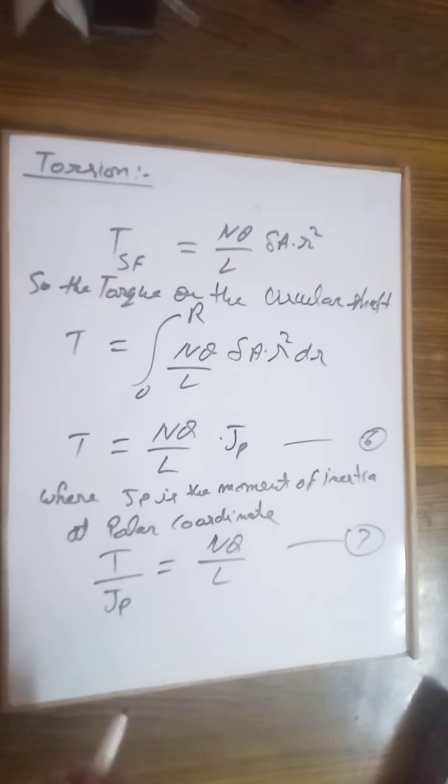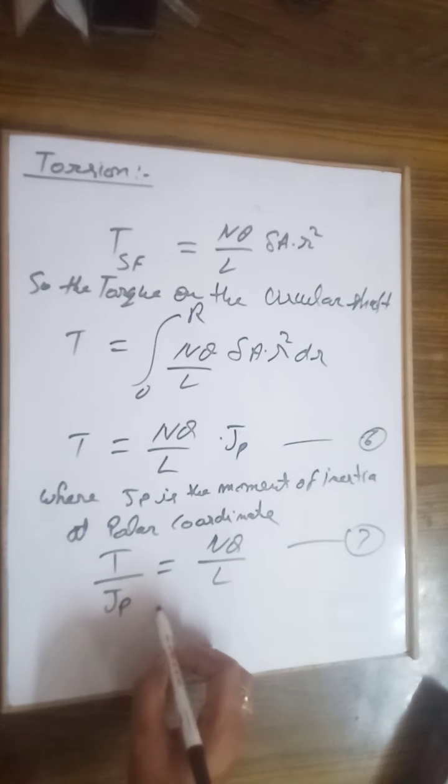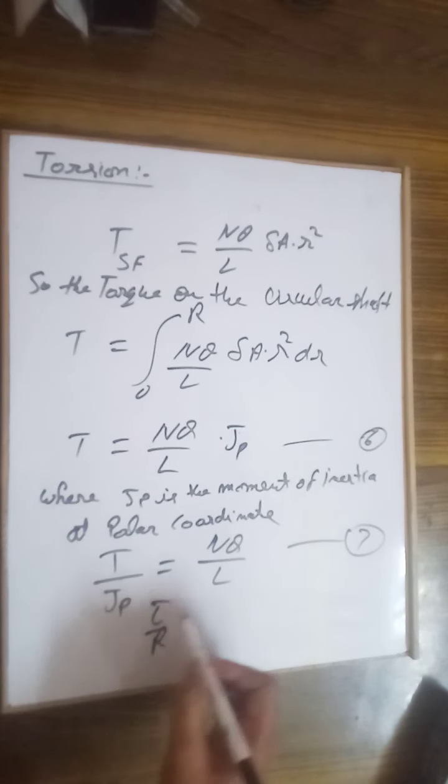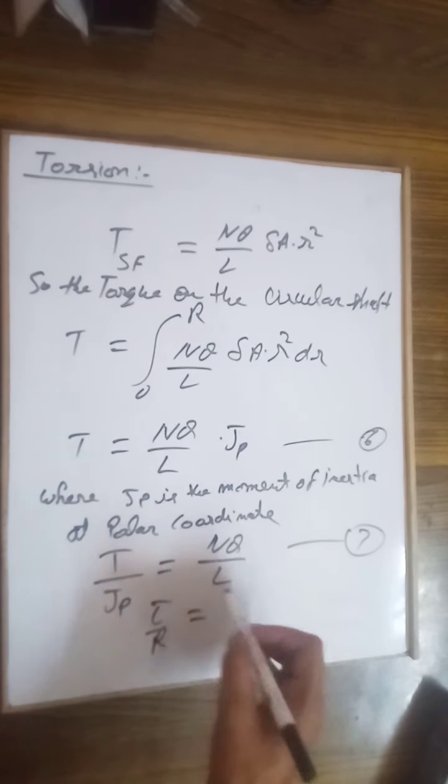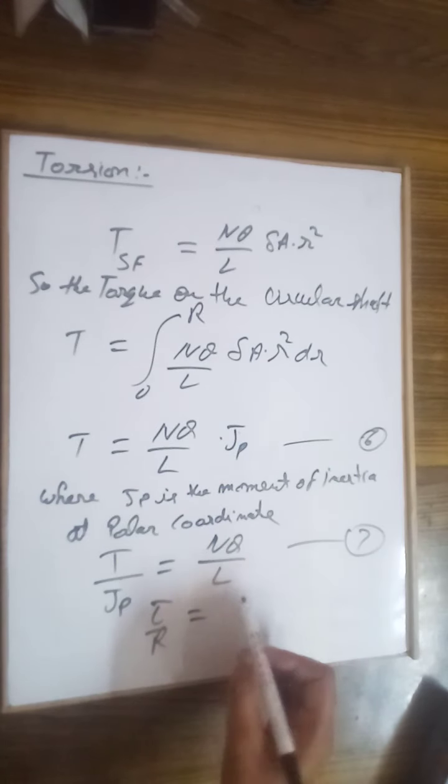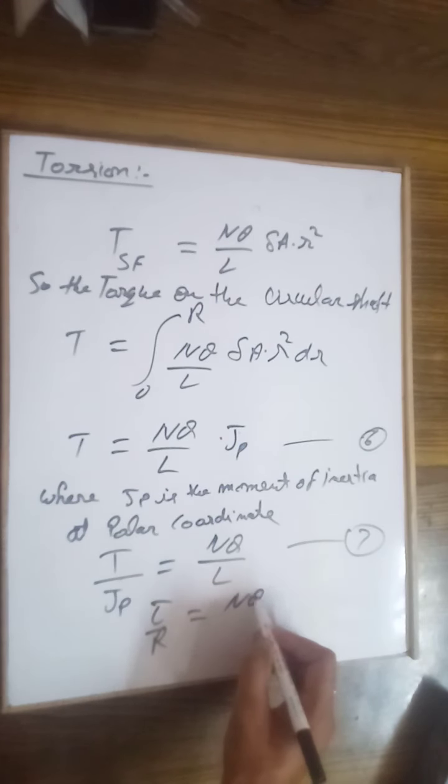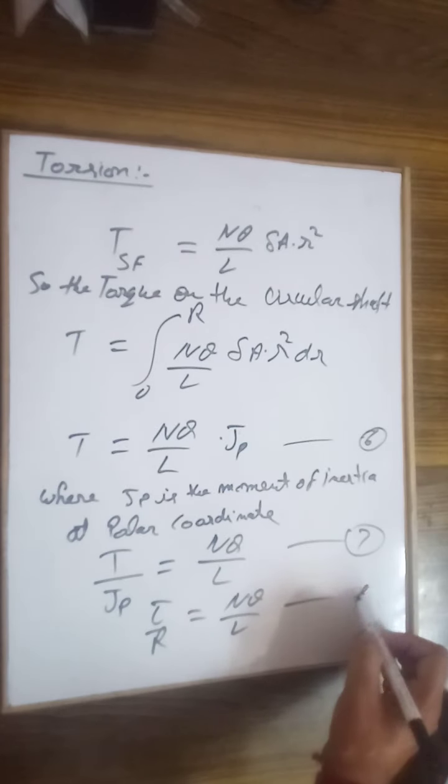And as we know, tau upon r, from the previous discussion in my last slide, can be written as n theta over L. So this is equation number 8.